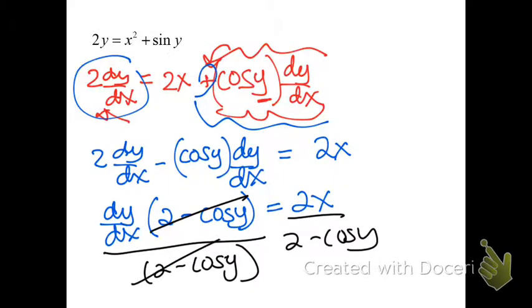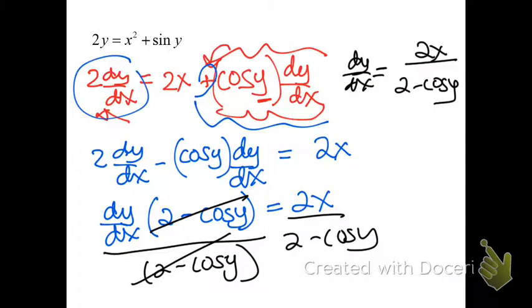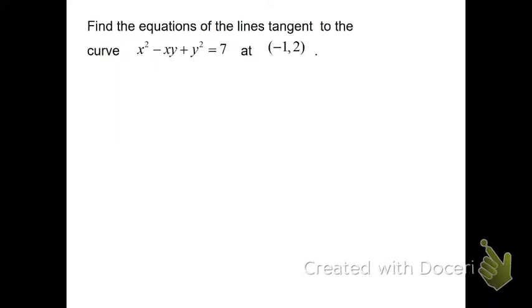And that's it. There's your answer. I can write it again nice and neat, but dy dx equals 2x over 2 minus cosine y. Okay? So get the dy dx's on the same side of the equation and factor them out. That's the main idea, but again, the computation gets a little trickier.